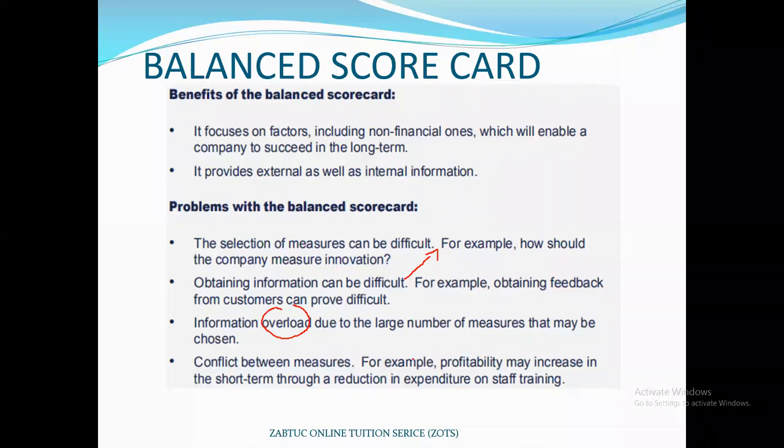Conflict between measures, for example, profitability may increase in the short term through a reduction in expenditure on staff training. So these are some of the items that can be raised. We had some of these too.